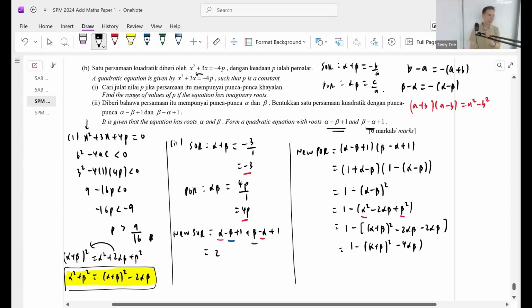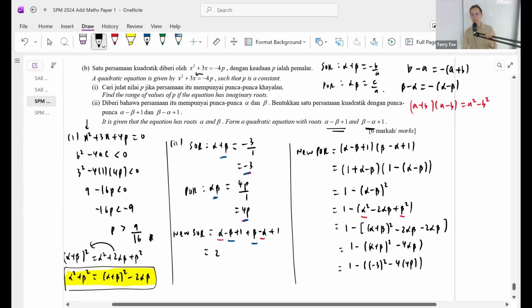Yeah, I must say this question is a bit harder, right? Why do I express in terms of alpha plus beta? Because I have my alpha plus beta over here, this one. This is my alpha plus beta. I have my alpha beta over here. So I need to take these two and sub inside. Your alpha plus beta is negative 3. Your alpha beta is 4p, correct?